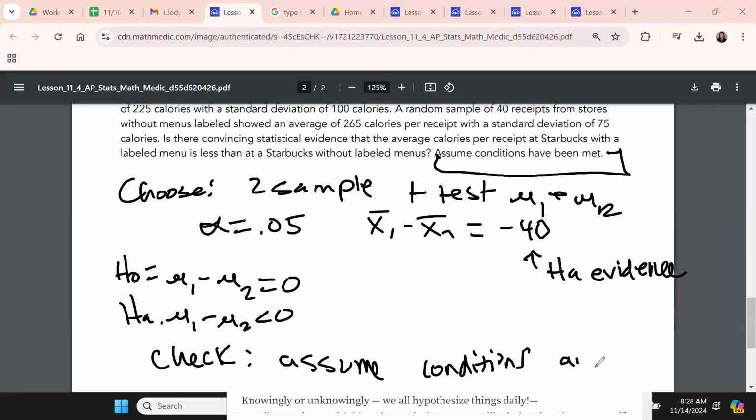We don't have to do anything, because it says assume conditions are met. You did not read, David. Shameful. All right. So for calculate, when you plugged in all that, you should have got -1.84. They might need to see how you do that.